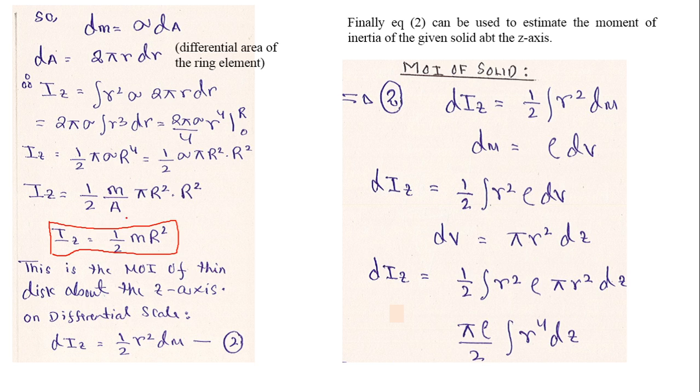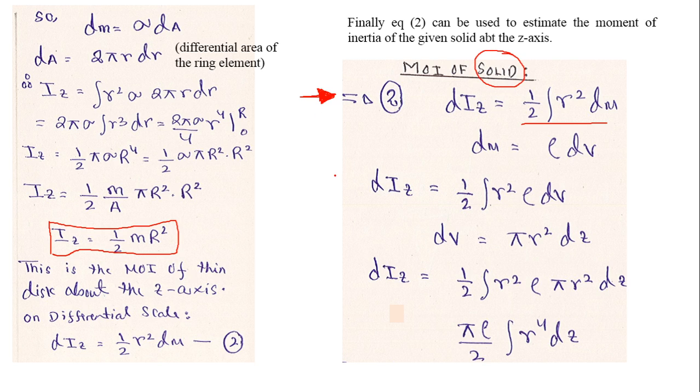So you can directly use this result to calculate the moment of inertia of your solid. You can start from this heading, because you already know that the moment of inertia of the disk element about its own axis of symmetry is half m r square. So you just need to represent this on the differential level, which is half r square dm, and directly use this result for the solid given to you.